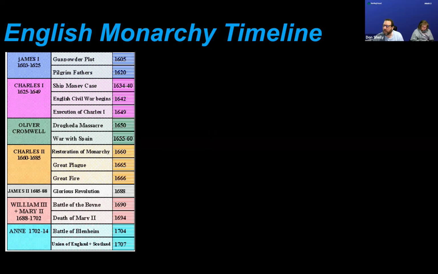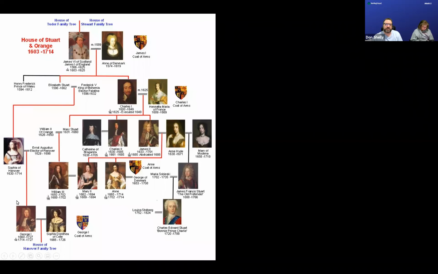So just real quick, to orient you here, these are probably more what their faces look like. This is the House of Stewart and ultimately the House of Orange, as we see it progressing down. So James VI of Scotland, James I, was married to a princess from Denmark. His son Charles is going to be the next king.